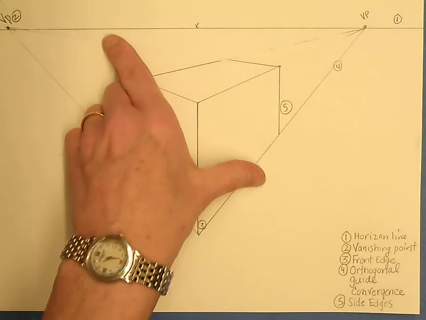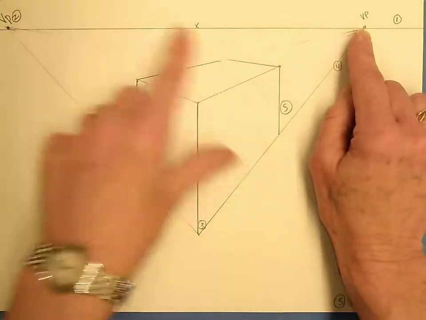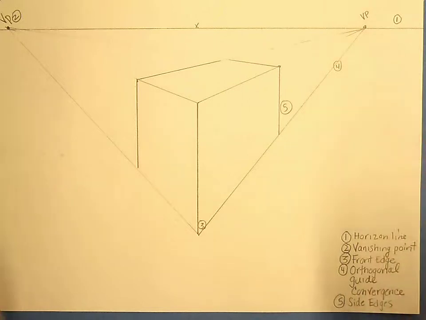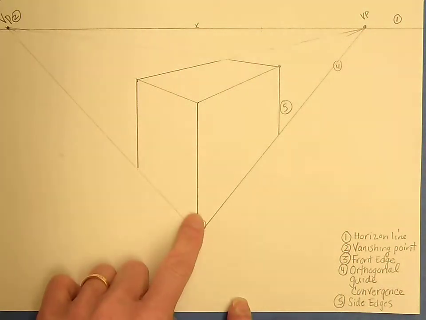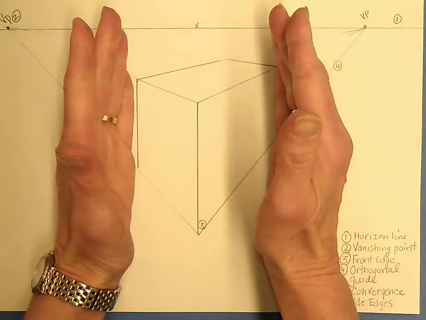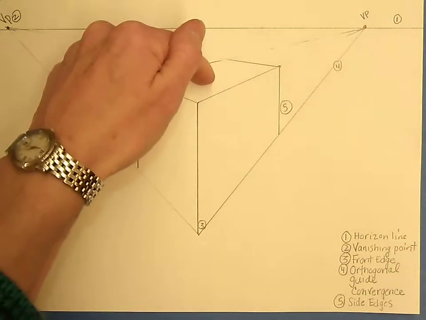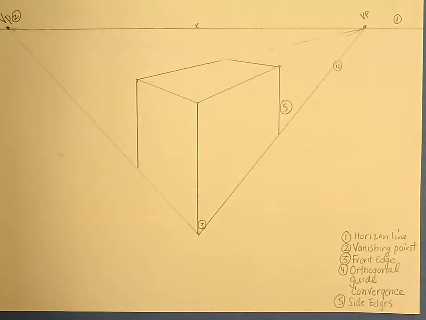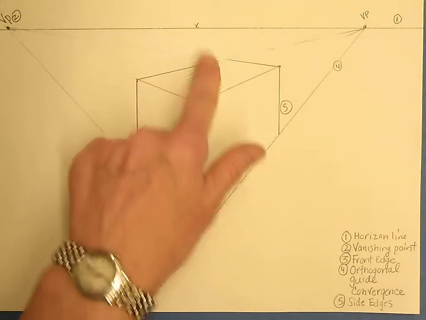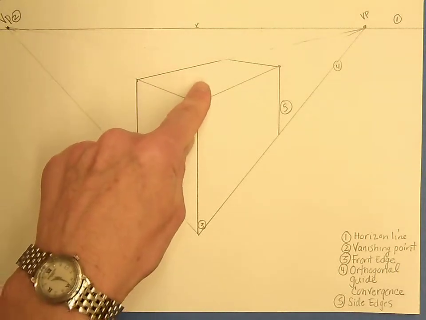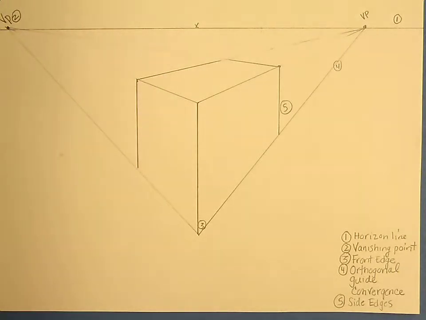We have our horizon line at the top, we have our two vanishing points, we have our front edge, we have our side edges, and we have the top of our building. Okay? The top of the building, which is viewed underneath the horizon, has a specific view name.